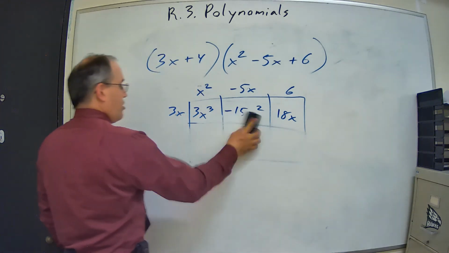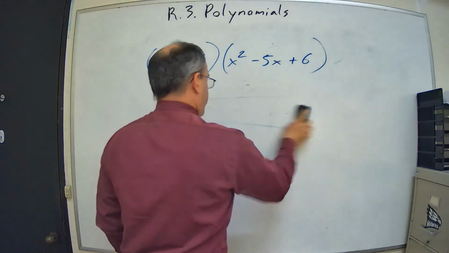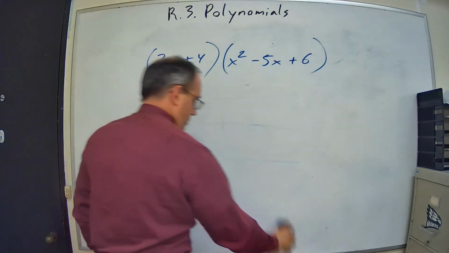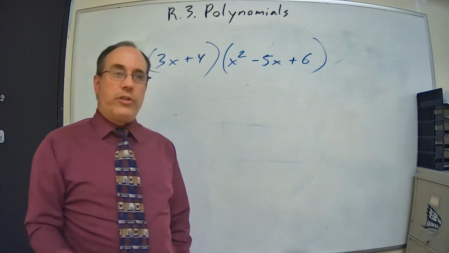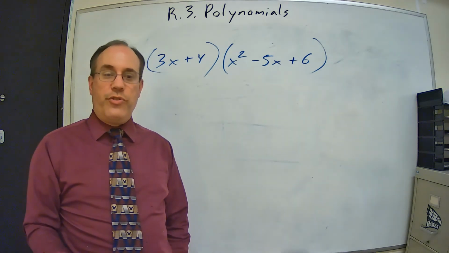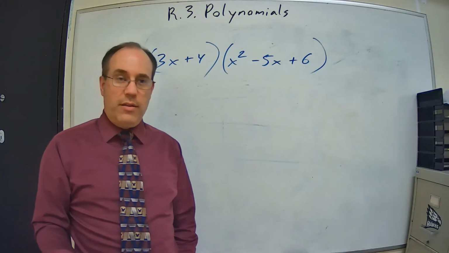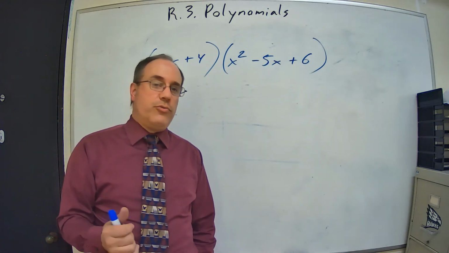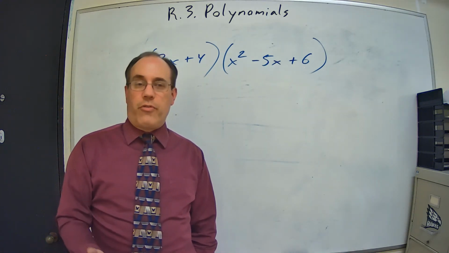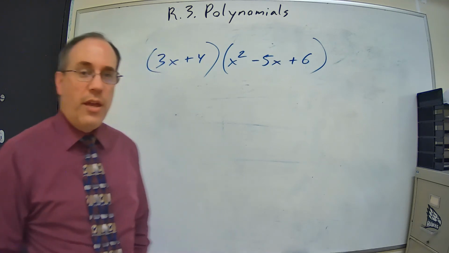A third way, and I'm going to use this to demonstrate it. Now this is one that works, and if you're consistent in what you do, it can work very well. But you just want to be careful because it's very easy to lose some of your terms while doing it this way.